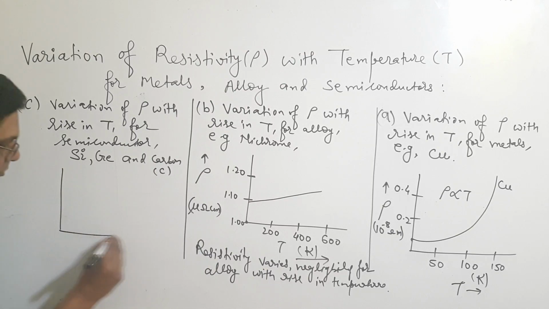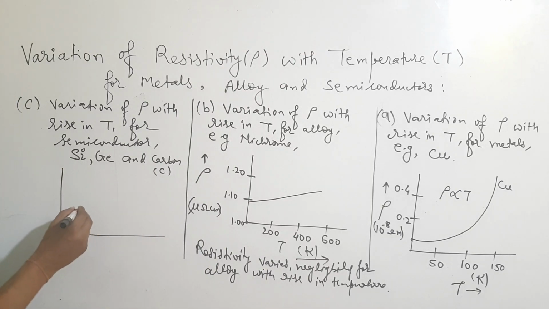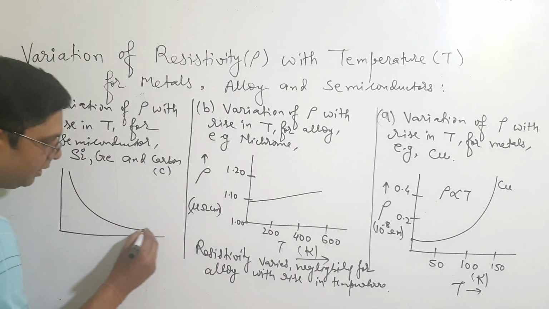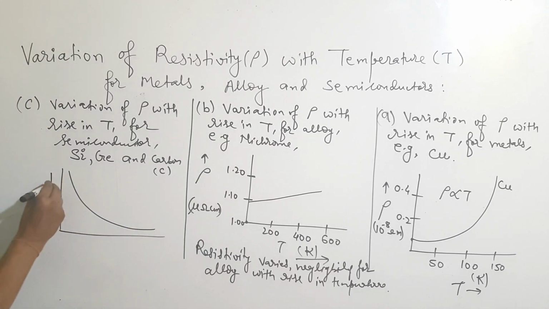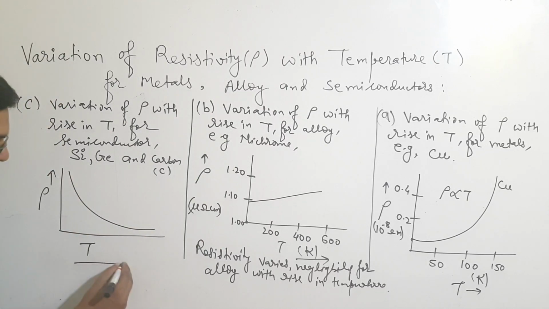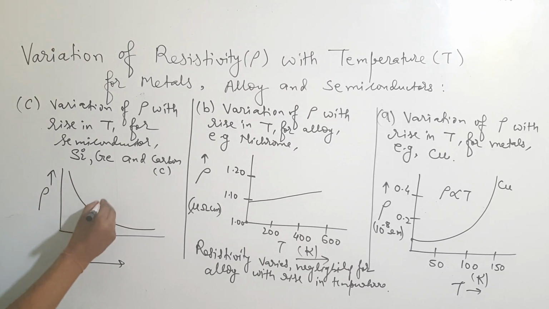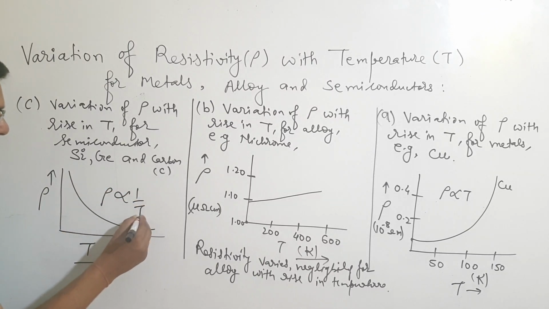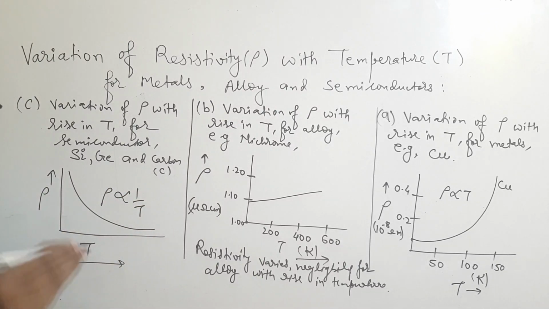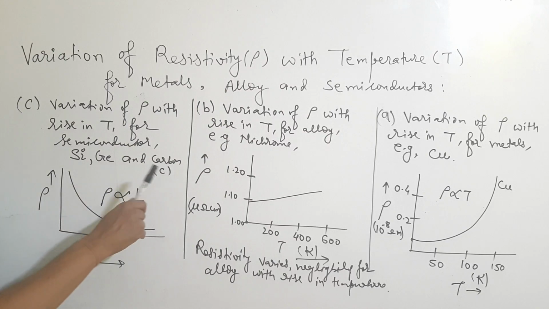The graph has a curved nature, where rho is resistivity and temperature T is here. This graph shows that resistivity and temperature have an inverse relation. This means that rising the temperature decreases the resistivity for silicon, germanium and carbon.